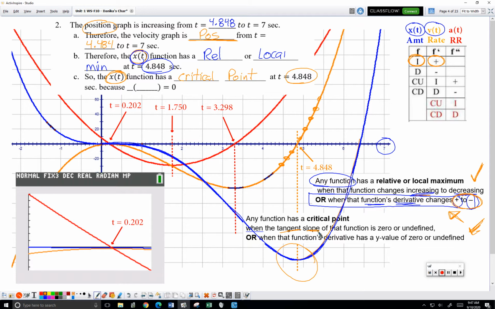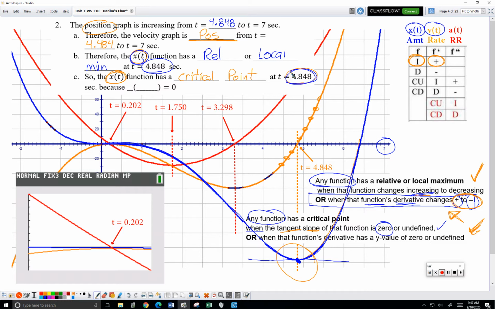So right here, we talked about tangent slope last time. Right here on the position graph, the tangent has a slope of 0 because the tangent is horizontal. So when the tangent slope is 0, meaning tangent that's horizontal or undefined, that's when any function will have a critical point. So the position has a critical point at that time.